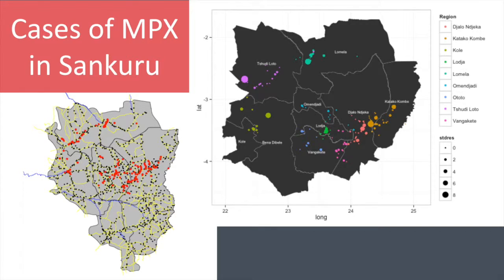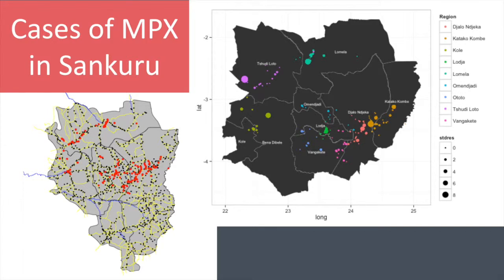Looking at results, this is from the active surveillance study. On the left, you see cases, which are red, overlaid with roads in yellow and villages, which are the black dots. You can see that cases generally fall along the roads because that's where most of the population is.